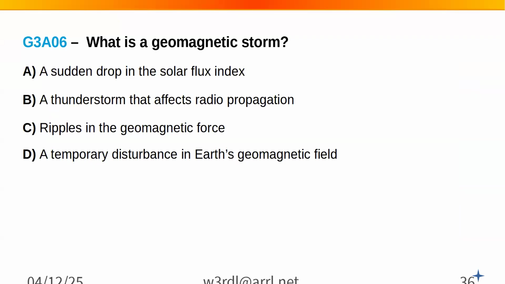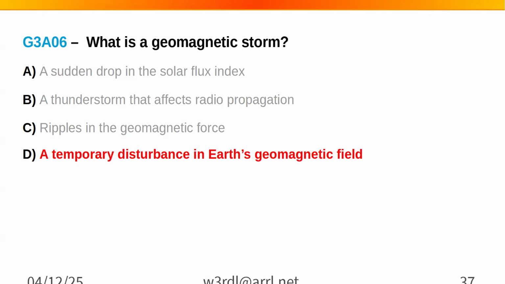What is a geomagnetic storm? Oh. It's a thunderstorm. I think it would be more delta. It's ripples in the force. Yeah, that's a good one. Trying to figure out what fun you could have with that energy. Yeah. Time space continuums.